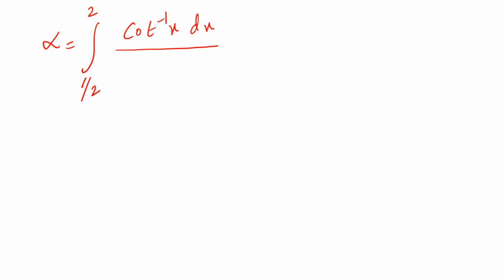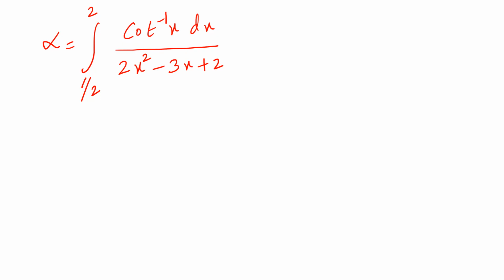Now students, we know that name of variable does not affect the value of the definite integral. So that means now alpha can be written equal to integral 1 upon 2 to 2 cot inverse x dx whole divided upon 2x square minus 3x plus 2.